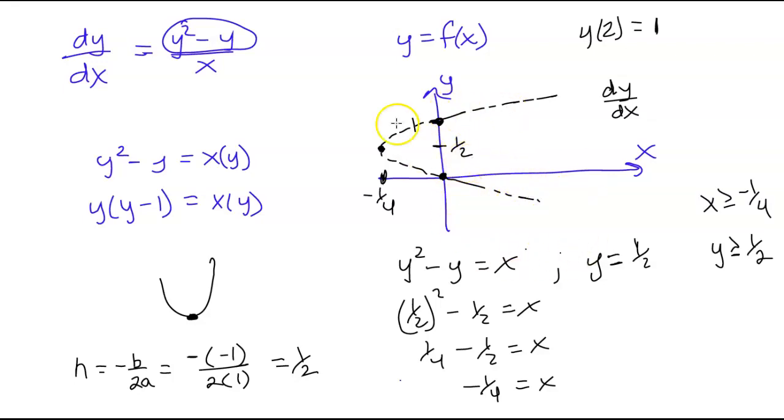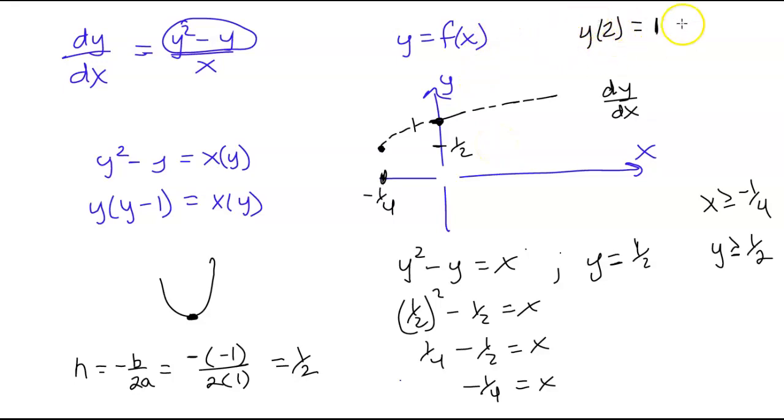Even though this is not the same graph, if we actually found the antiderivative of this, we'd still need to pick a value in quadrant 1, because this will be some cubic function, and this will end up being some square function. So to make a long story short, I need to look at only this half of this parabola to make everything work.